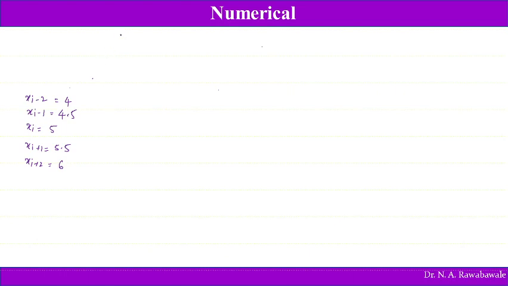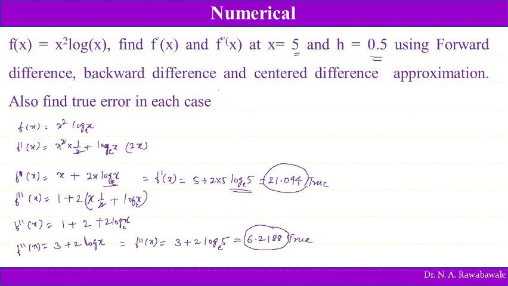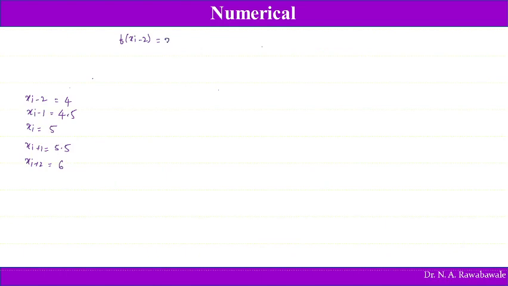So f of xi minus 2, where f of x is given as x square log x. If we substitute 4, then 4 square log to the base e of 4, we get 22.180.